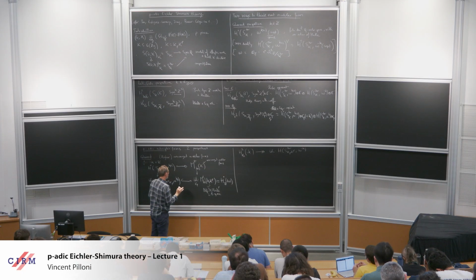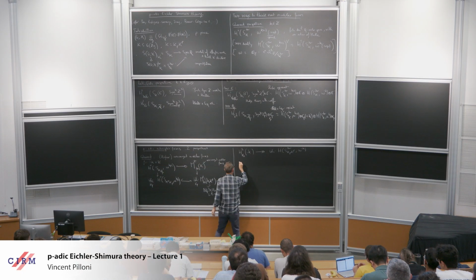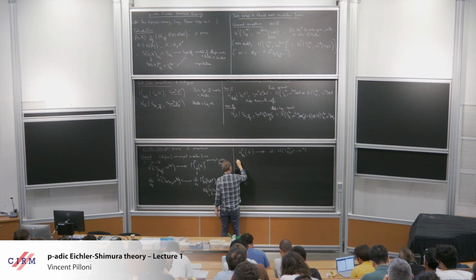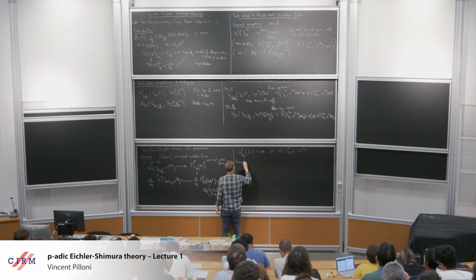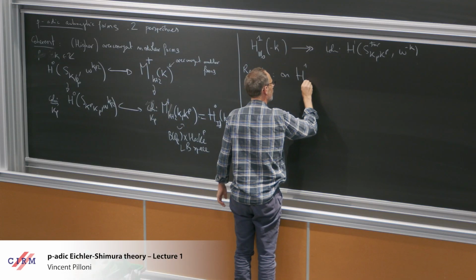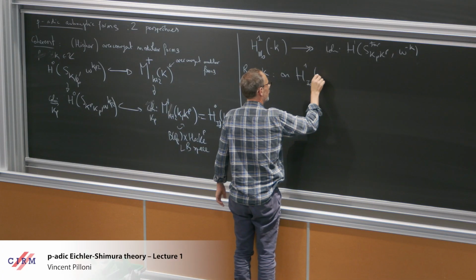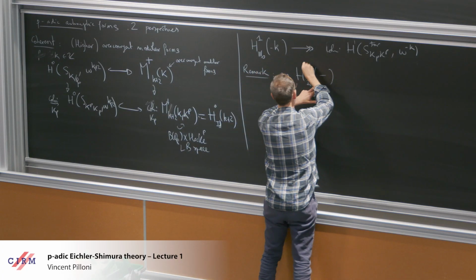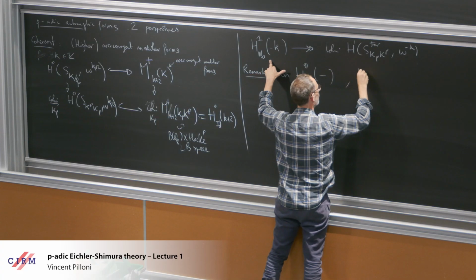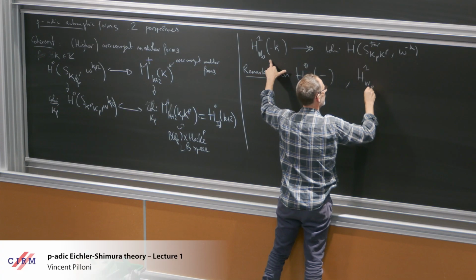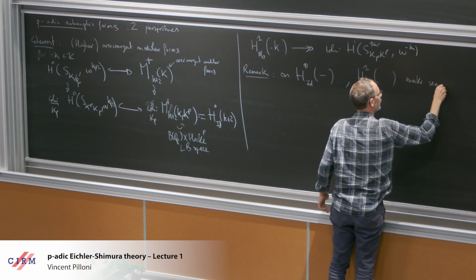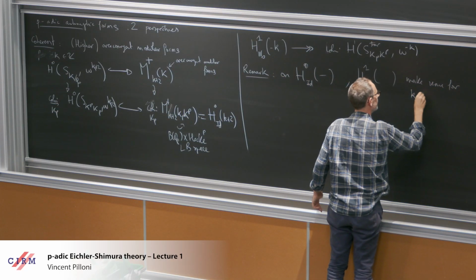Okay, so that's the coherent side, but I should maybe say one thing that's kind of interesting, maybe a remark, is that these cohomologies, these higher Coleman theories, they actually make sense for k in C_p.